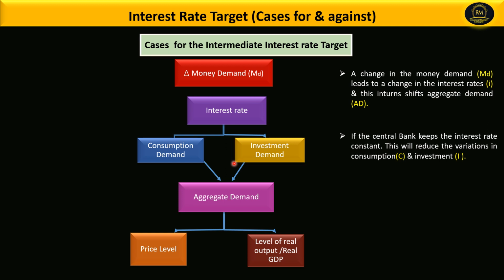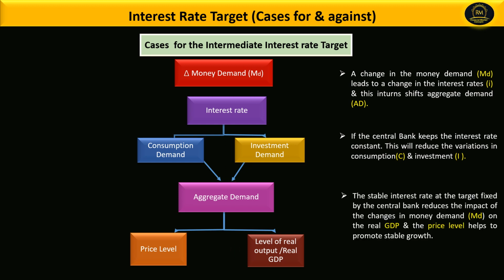But in the long run, when the aggregate supply is constant, we can't increase the output or real GDP. That will lead to an increase in the price level. So this shows a chain from change in the money demand to the effect on the output and the price level in the economy through interest rate and aggregate demand.